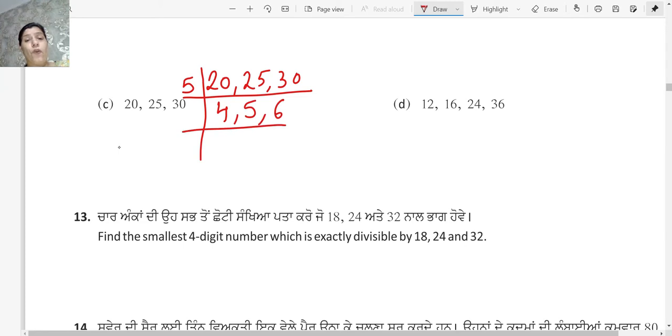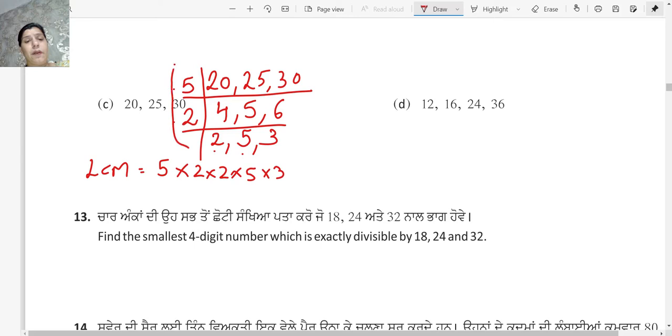Now out of 4, 5 and 6, only 4 and 6 have the common factor 2. So 2 2s are 4, 5 is not divisible by 2 so it comes straight down, and 2 3s are 6. Now 2, 5 and 3 are co-prime numbers, they have no common factor between them. So you can leave it over here only and the LCM you will get by multiplying all these numbers, that is 5 multiply by 2 multiply by 2 multiply by 5 multiply by 3.